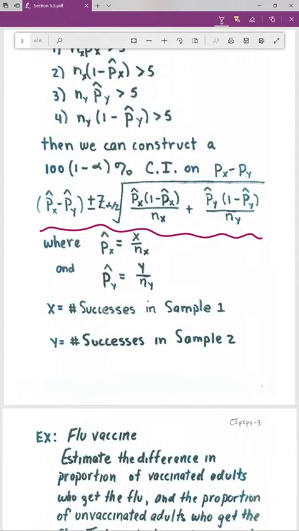Remember, x is our number of successes in sample 1, and Py hat equals y over ny, where y is our number of successes in sample 2.